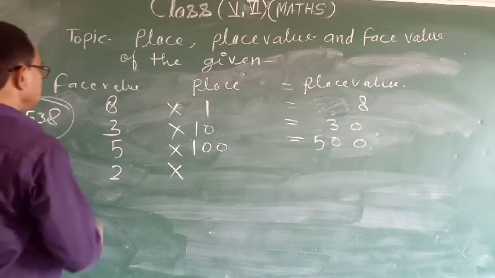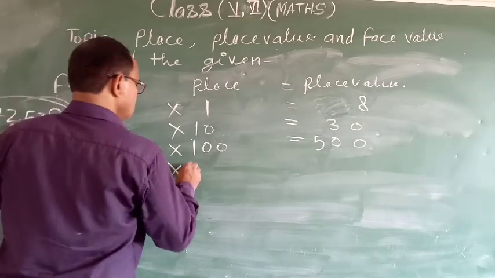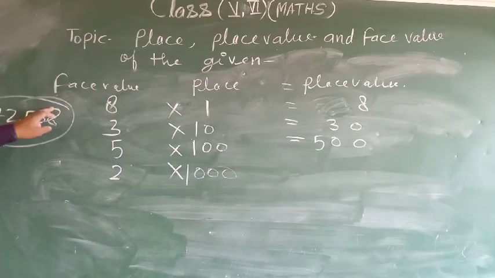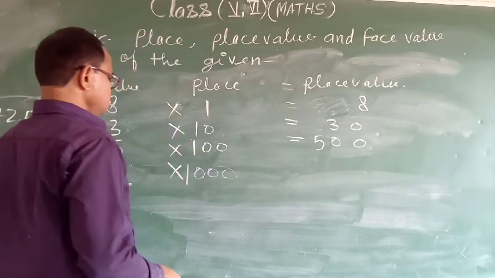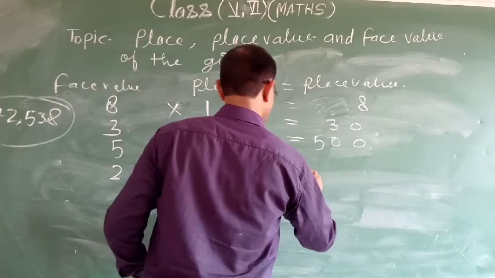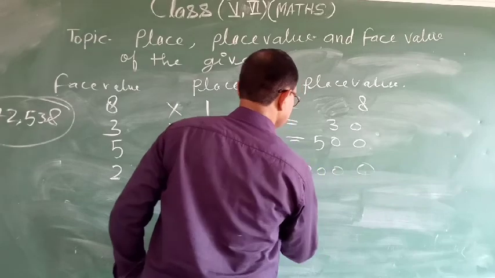Place value, face of 2, 1000. Place 1000: 1, 10, 100, 1000. Then face multiplied by place is called place value.